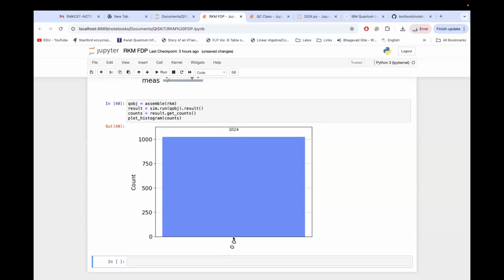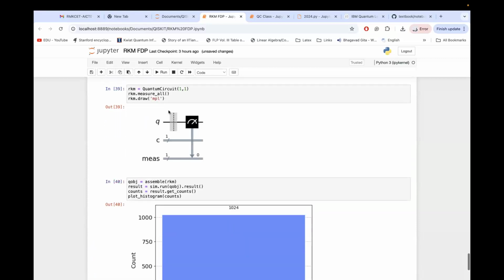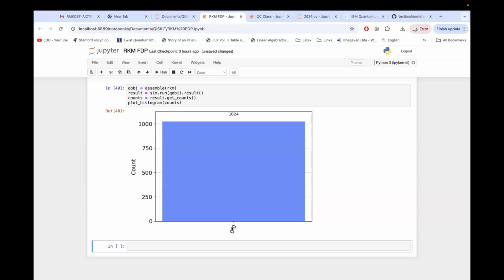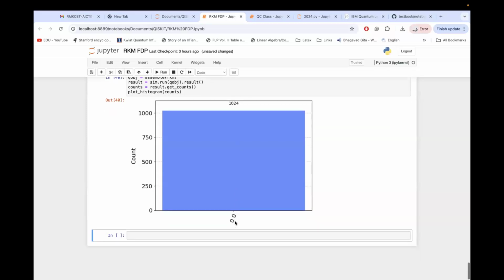After that, it tells you how many times the 0 state is measured. Since our state is very simple, it is just ket 0. It is not in a quantum superposition, it is like a classical bit. So when I measure that system in ket 0, all 1024 times we found the system in the 0 state. That's the meaning of this.